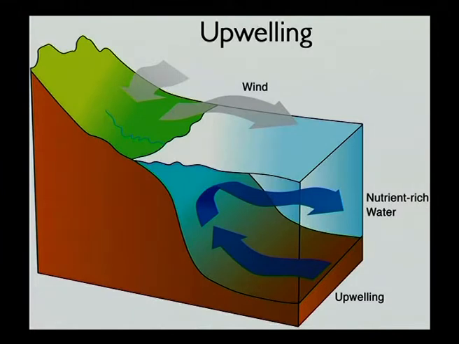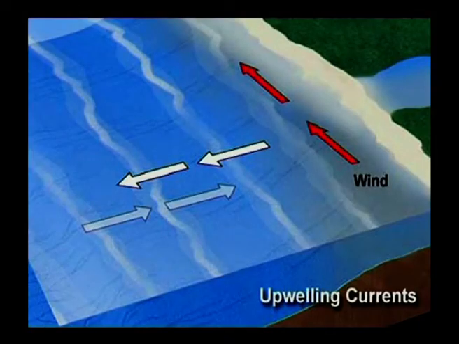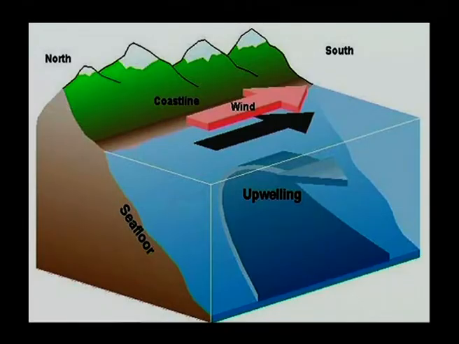Upwelling: the surface water is warm and depleted of all nutrients. When winds blow over the surface, the ocean water is pushed away. In order to compensate for the pushed away water, cold, nutrient-rich water rises to the top, and this is known as upwelling.